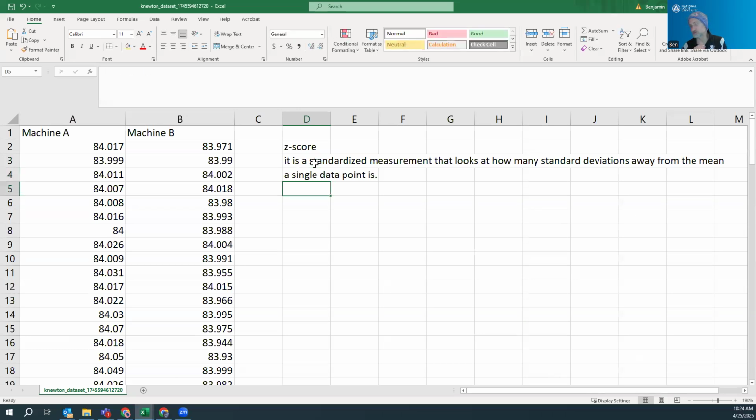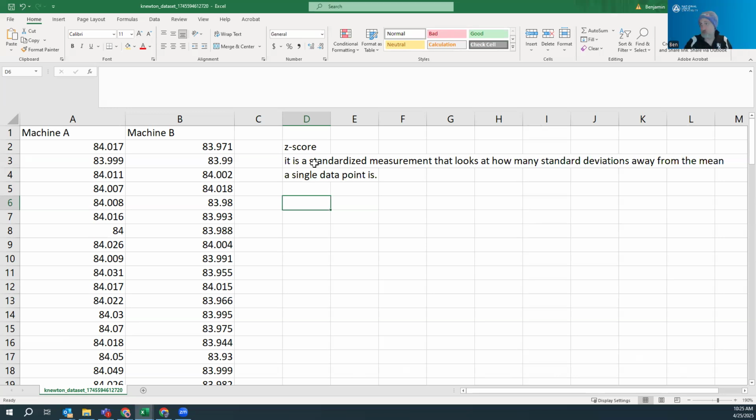That's what the Z-score is. And the standardization is nice because if I say I'm 3 millimeters from the mean here, and in this one I'm 2 millimeters from the mean, well, 3 millimeters may be farther in terms of millimeters, but if the data is more spread out or less spread out, then that has an impact. And so that's why we're standardizing it to be how many standard deviations.